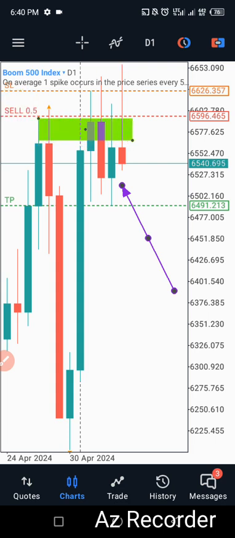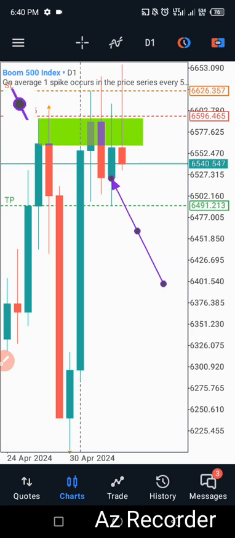When price came here to this level, remember all these activities started taking place somewhere around here. This is a strong level in the market because price reversed so strongly from this particular level. We can see this particular red candle.